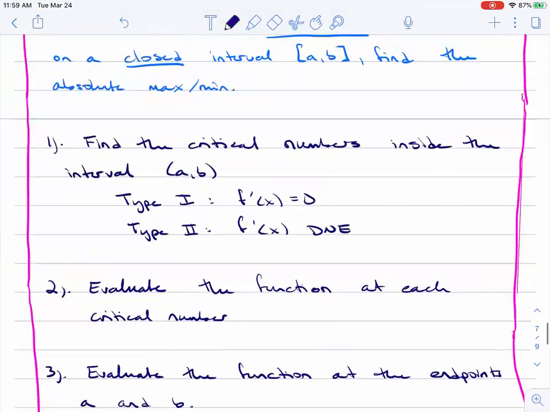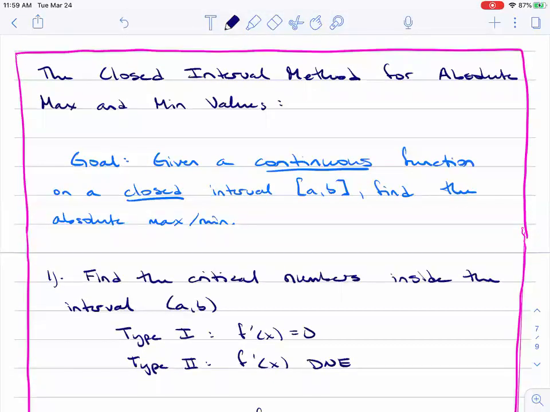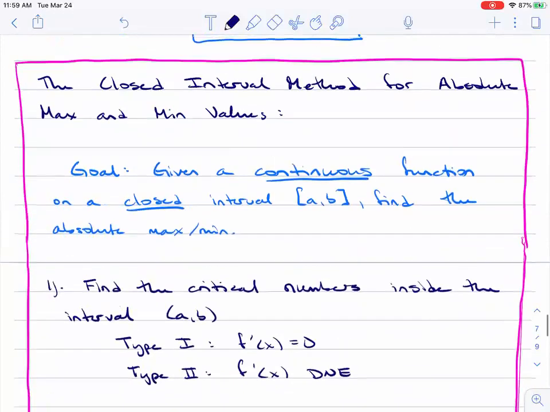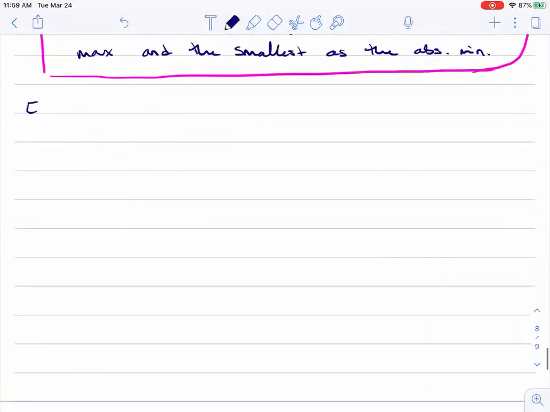Some key things are that we have a continuous function and a closed interval. Then we'll be able to find the absolute max and mins using the closed interval method. So let's do an example.